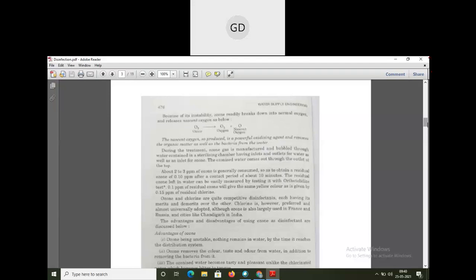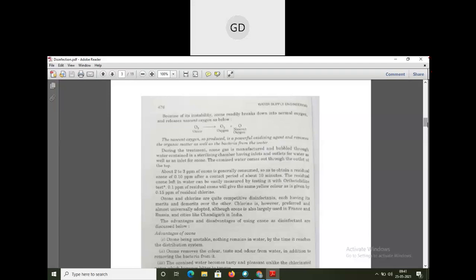The reaction is O3 breaking into O2 plus O, and this O is the nascent oxygen. The nascent oxygen produced here is a very good disinfecting agent, and it removes the organic matter as well as the bacteria present in the water.